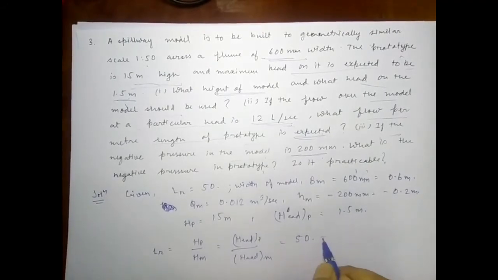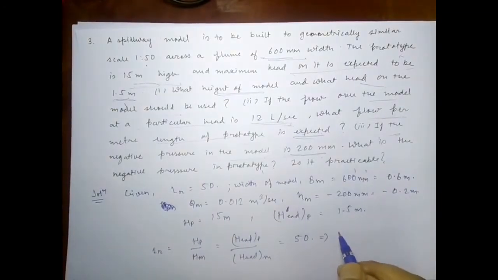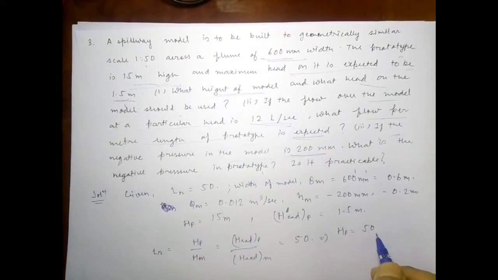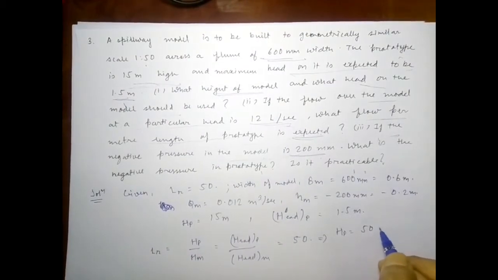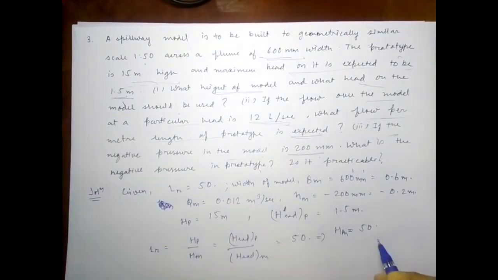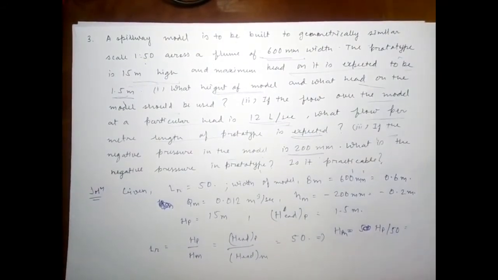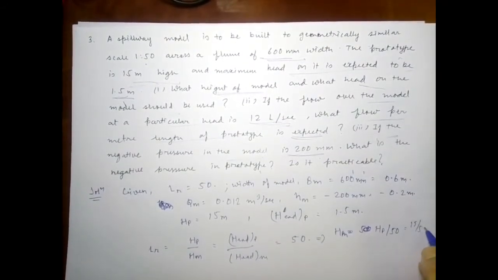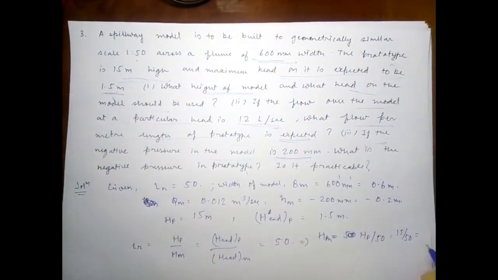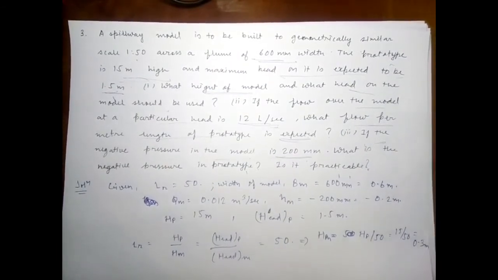So from this we can get that HM is equal to HP by 50, and it is equal to 15 by 50, which is 0.3 meters.